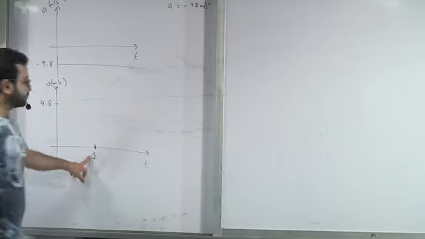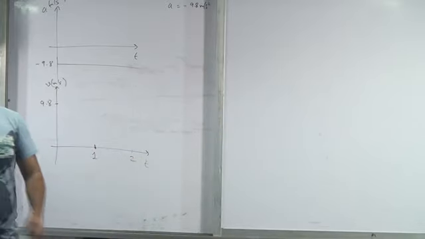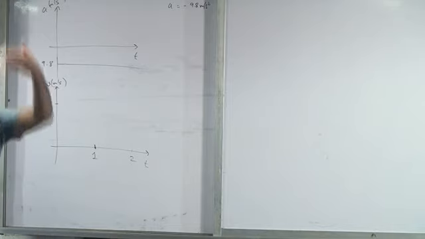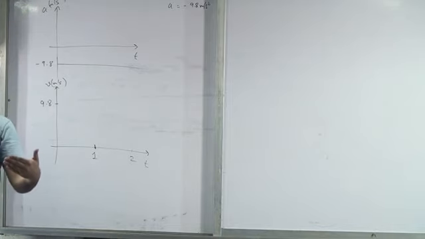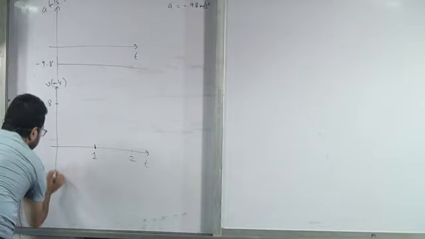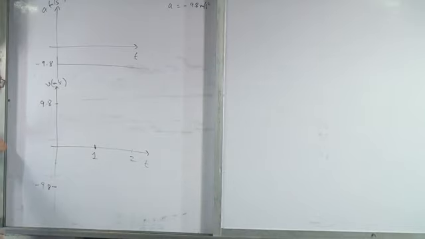So I can plot this. Now at t equal to 2 seconds, what will be the velocity? Minus 9.8, because it will come back with the velocity of 9.8. So the direction of velocity is downwards. Is that clear?